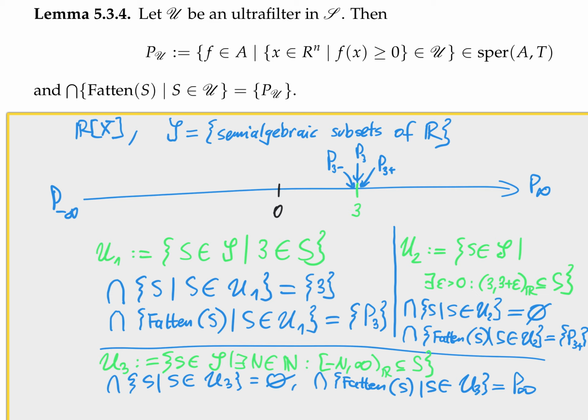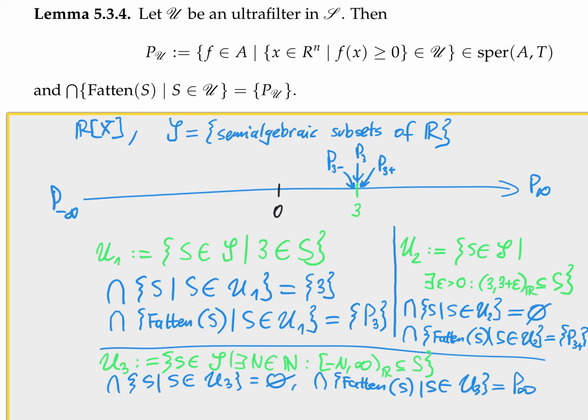Okay, so here you say it's the set of all f which are non-negative on 3 actually. Here you say it's the set of all f which are non-negative on a right-sided interval right to 3.